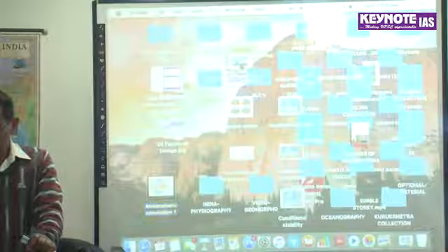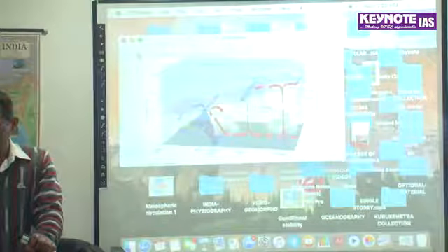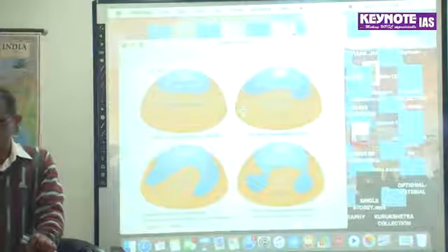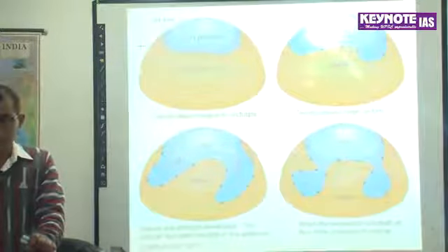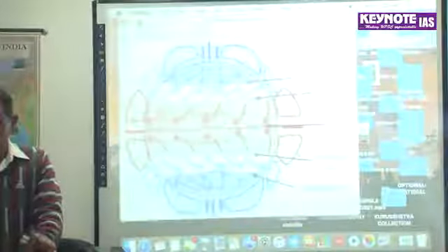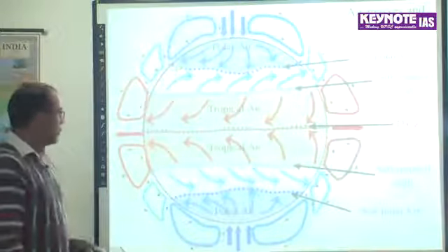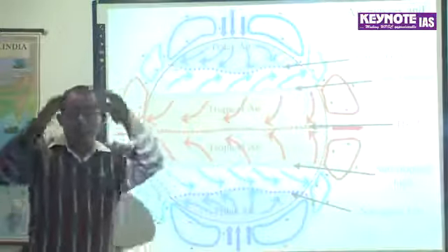When polar cell is radially outwards or same direction? In the polar cell, radially outwards, from the polar air. So imagine this globe.